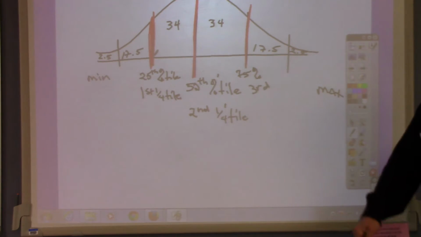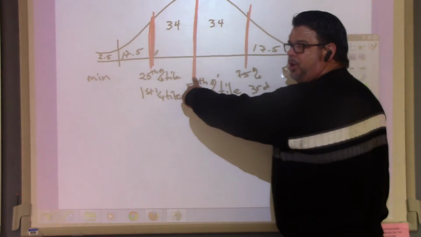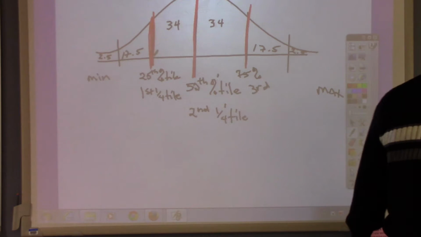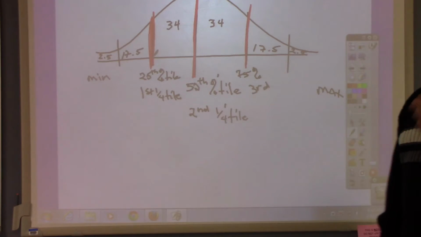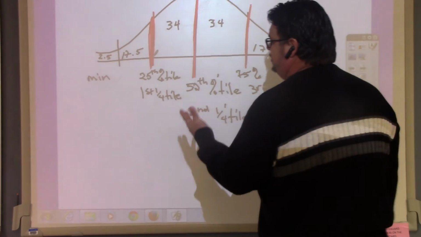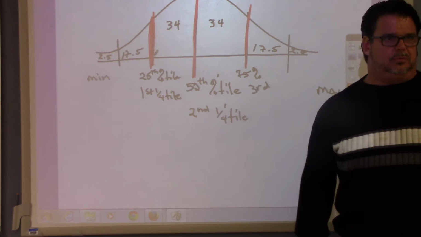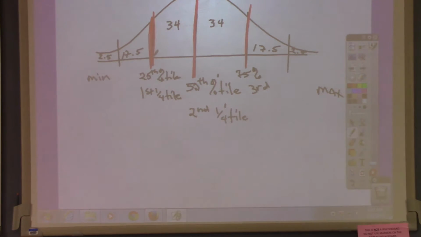They're not. This one is the only one that's at the mark. But when you say the 23rd percentile, I want you to say to yourself, well, the 23rd percentile would probably be right in here somewhere. Because when we get to z-scores in chapter 6, I want you to be able to plot the line where you think it is. And in order to do that, you've got to know where the percentiles are.